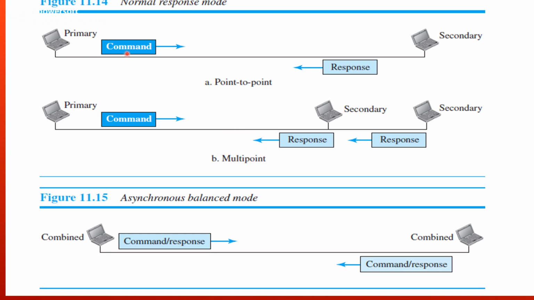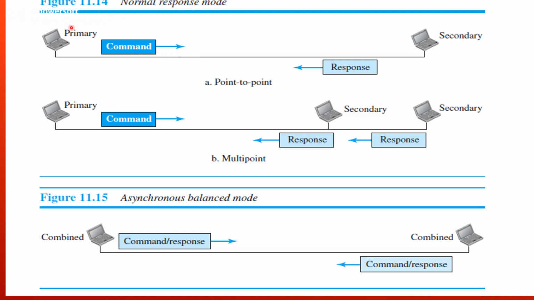In the case of NRM, the primary can send the commands, and the secondary can respond to the requested command. Similarly with multi-point, the primary can send the command, and here we can observe that we have more than one secondary device. Both the secondary devices can send the responses, but the primary cannot receive the response from the secondary.